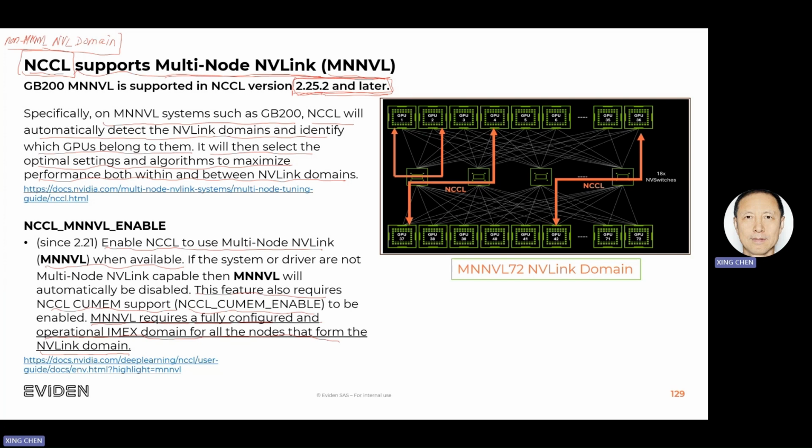So we have just discussed that this IMEX service is necessary for the functioning of the peer-to-peer multi-node memory access programming model. And this IMEX service is also necessary for NCCL MNVL support. Okay, so that's fine.